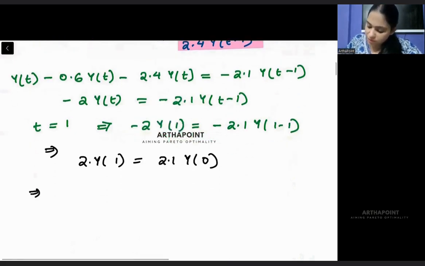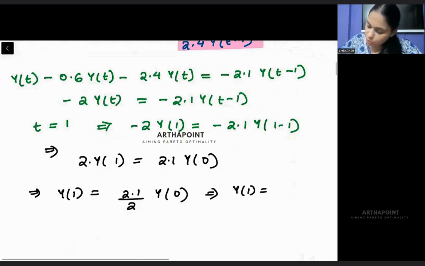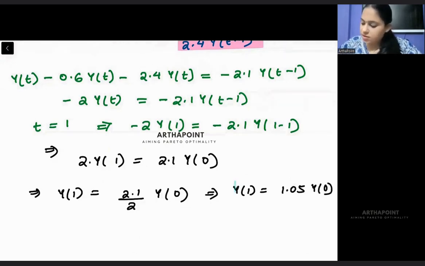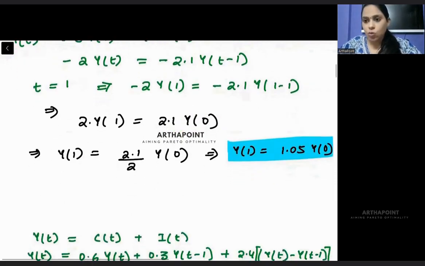So this will give me y1 is equal to 2.1 by 2 y0. So y1 is equal to 1.05 y0. This will be the relationship between y1 and y0.